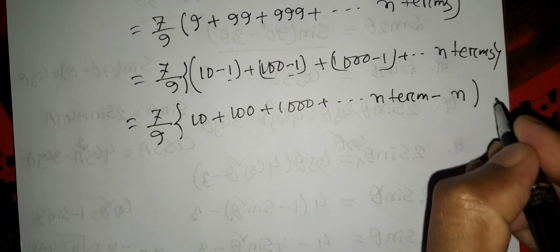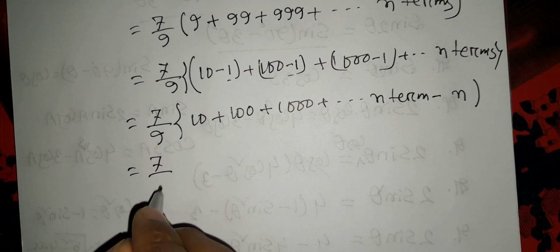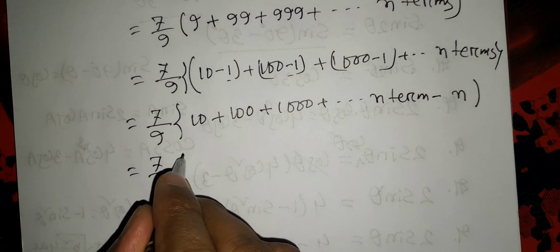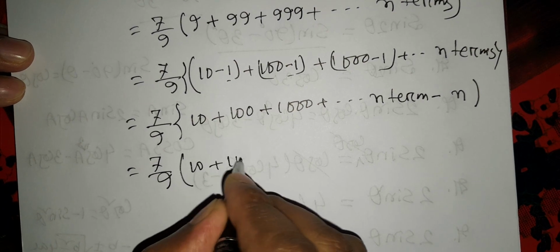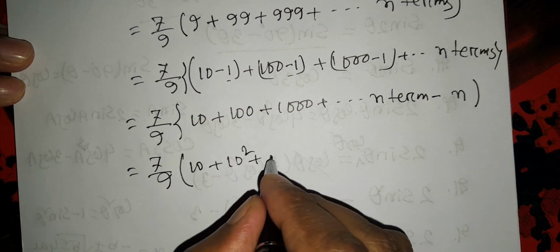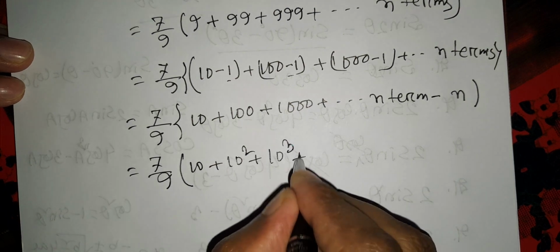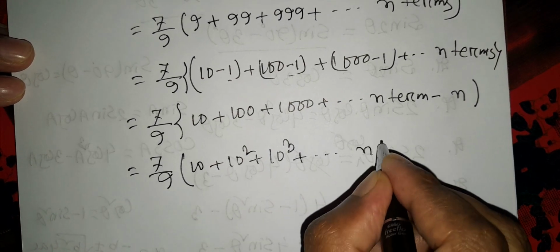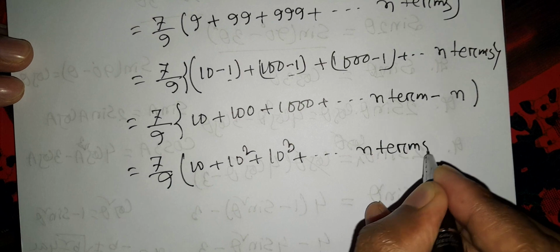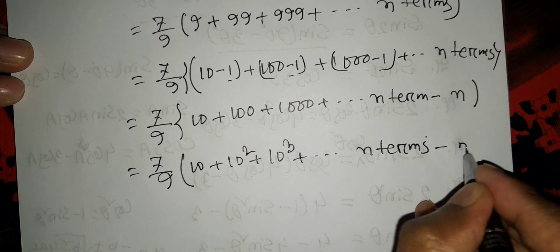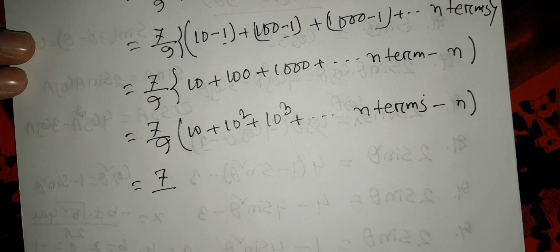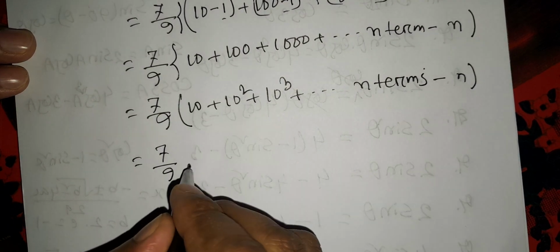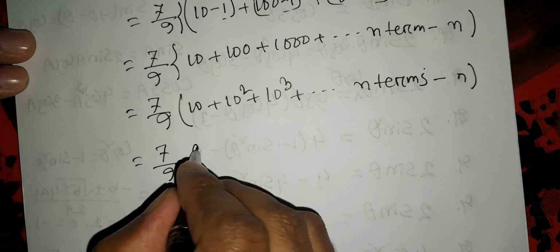Okay, now we can write 10 plus 10 square, 10 square equal to 100, and 10 cube equal to 1000, plus dot dot dot up to n terms, minus n.